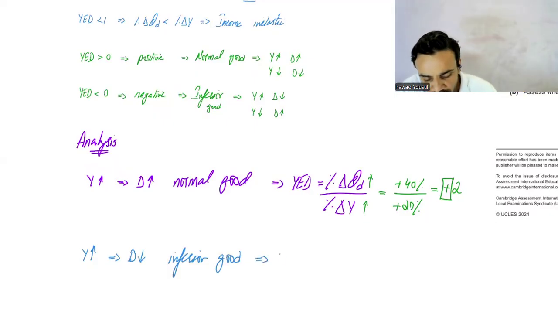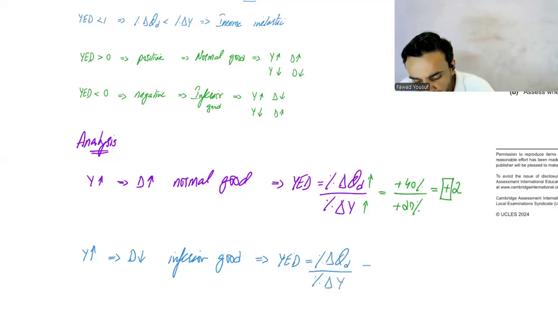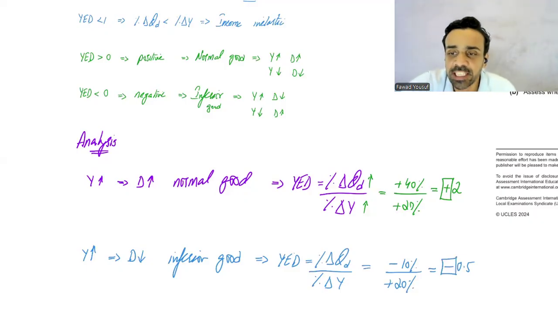But I'm going to use the formula to prove that if my income goes up by 20%, suppose there is a 10% fall in the demand for a good and I get a value of negative 0.5, where this negative basically proves that inferior goods have a negative value.